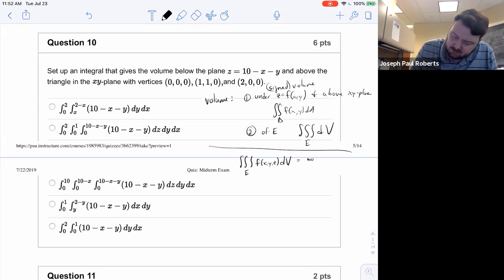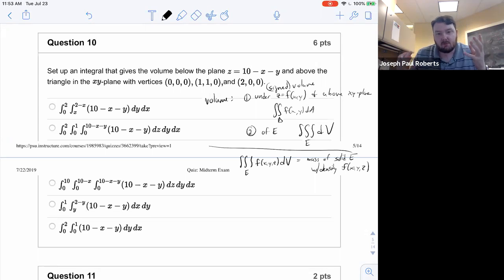Instead, think about this as the mass of a solid E with density given by this integrand. You have this object where different parts of it are heavier or lighter than other parts, and that's captured by your integrand F.